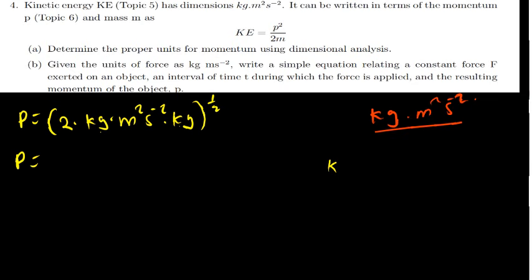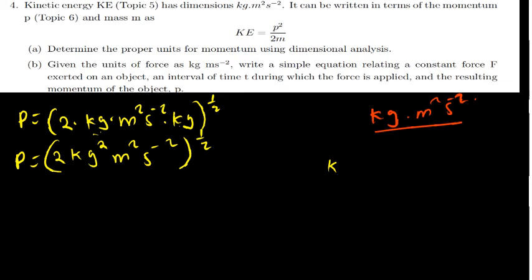So p is going to give us 2 kg. I've done kg times kg, which gives kg squared, m squared, s to the power negative 2. Then we do everything to the power half.